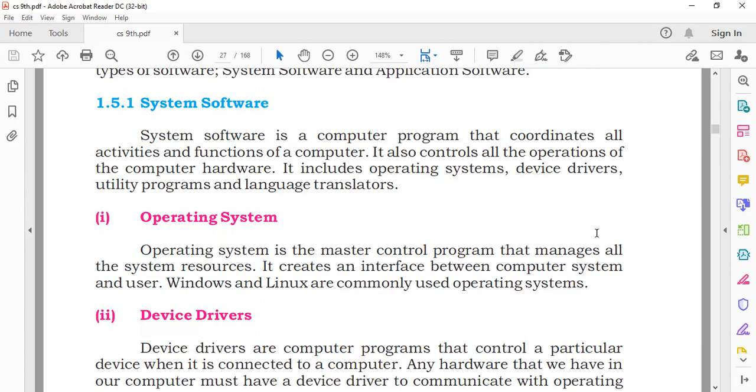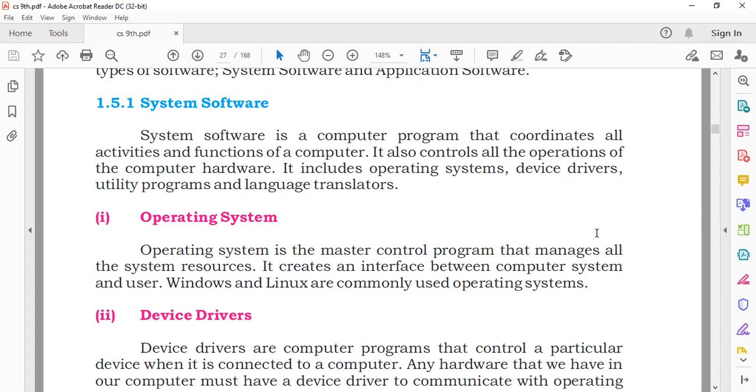System software is a computer program that coordinates all the activities and supports all the functions performed in a computer. It also supports all the operations of the computer hardware. It contains the operating system, device drivers, utility programs, and language translators.